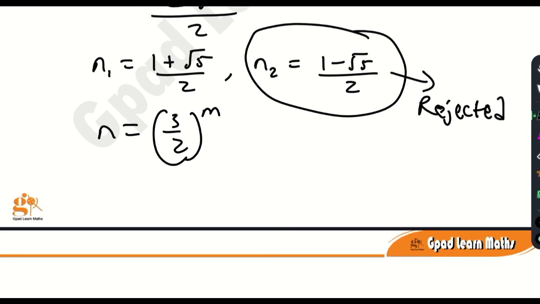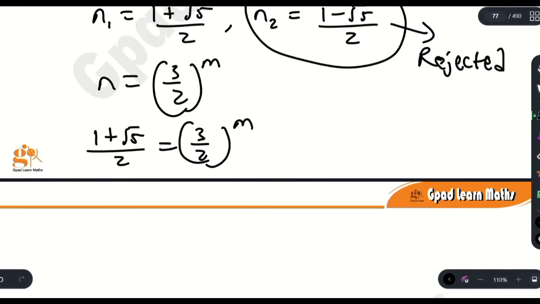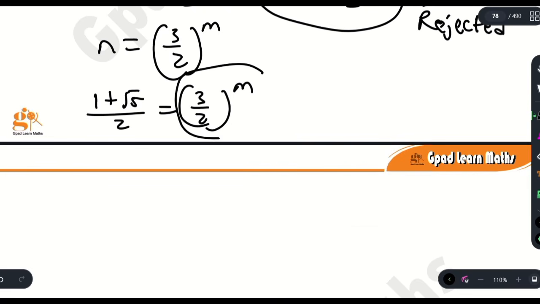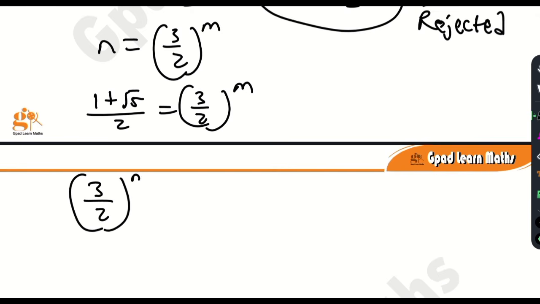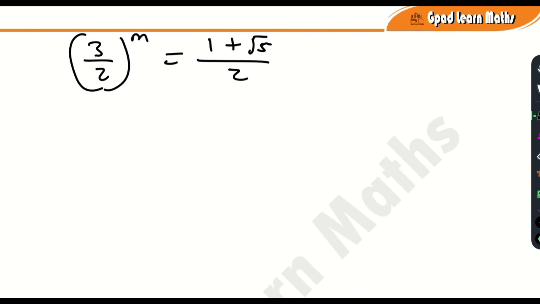So let's plug it back here. 1 plus root 5 over 2 is equal to 3 over 2 raised to m. Permit me to start with this 3 over 2 raised to m. Since I need to get the value of m, I am going to take the logarithm of both sides.